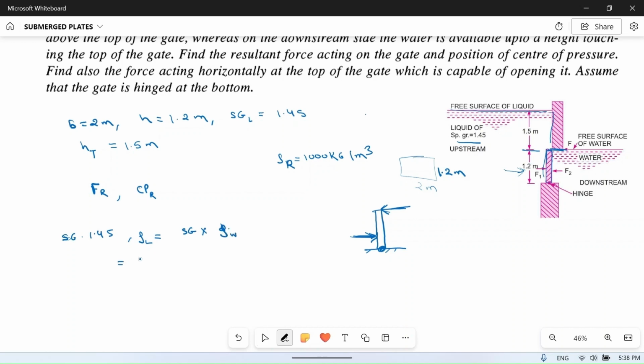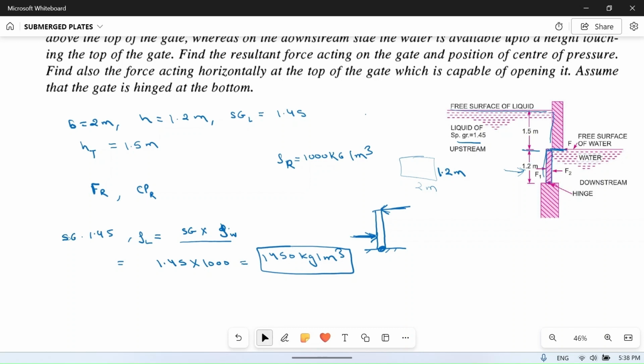This is the formula, because specific gravity is the ratio of density of liquid divided by density of water. So we just multiply with density of water. So density will be 1.45 into 1000 kg per meter cube, so 1450 kg per meter cube is the density of liquid on the left side.